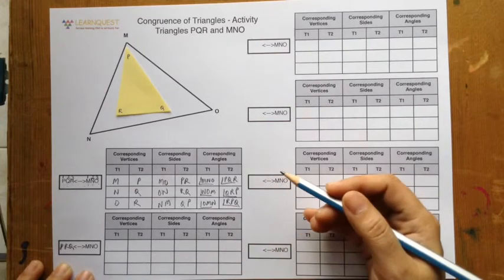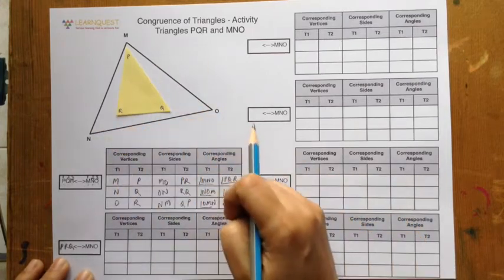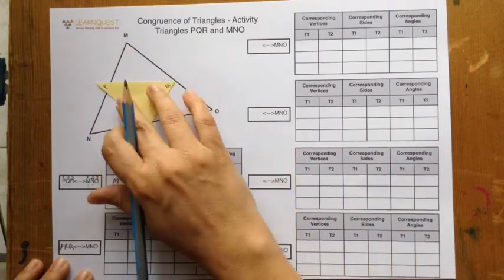Now let us look at another combination where we match P with N instead of M. So let's do like this.